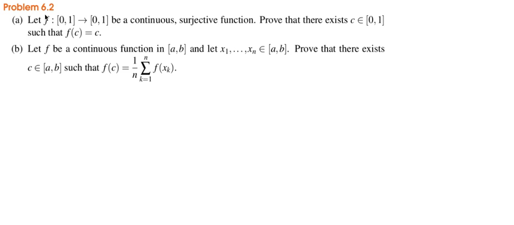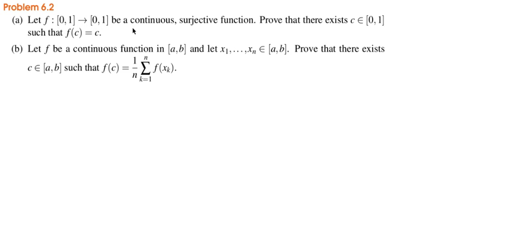Problem 6.2. There are two questions that are more theoretical, not numerical like the other problems that we usually do, right? So the first one is, let f be a function defined on the closed interval [0, 1] and mapping values to [0, 1].